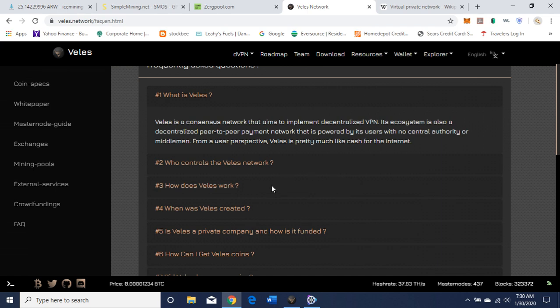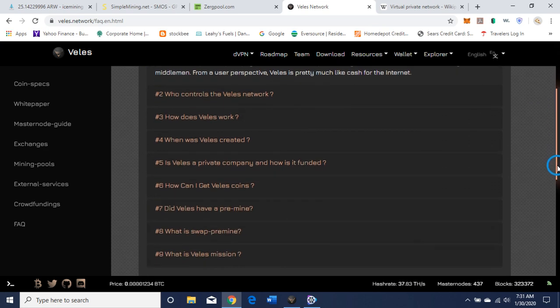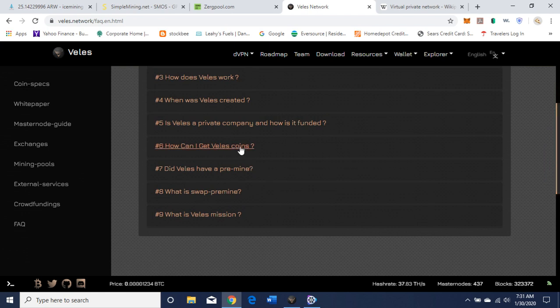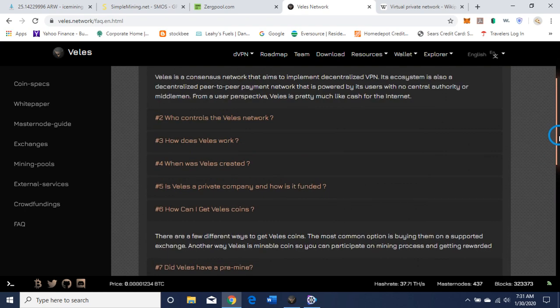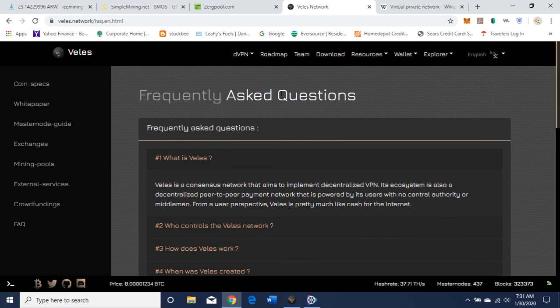Who controls? How does it work? When was it created? How is it funded? How can I get coins? And the mission. So you can read that in more depth when you get a chance.